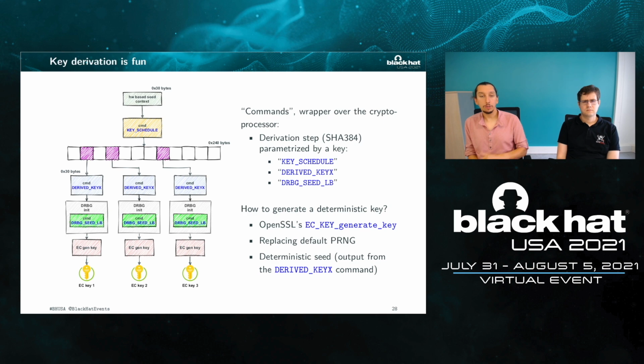So of course it will have a deterministic output, and thus we will produce a deterministic key. The deterministic seed is actually the output of the command derive kx. This complex key scheduling function will generate 3 private keys over the elliptic curve. However, only the first one will be used by key manager.